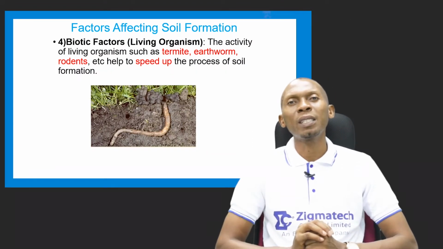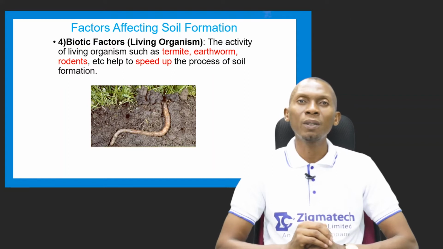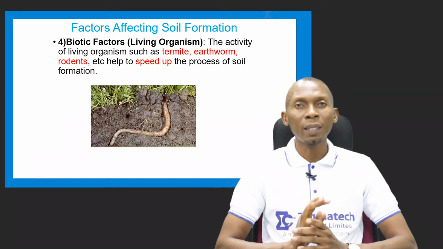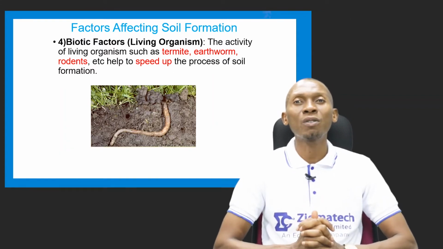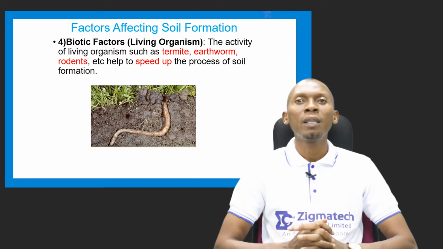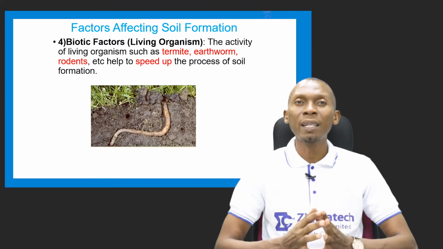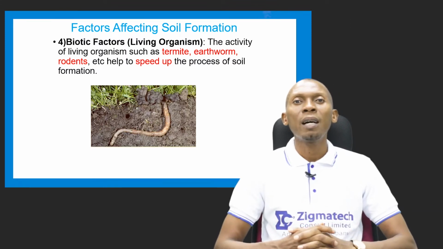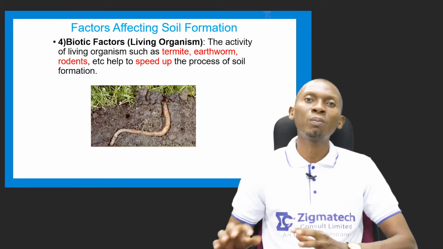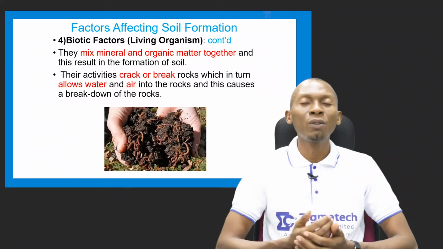Biotic factors have to do with living organisms, and these can also affect soil formation. These living organisms include termites, earthworms, and rodents, and they help to speed up the process of soil formation. How do they achieve this?